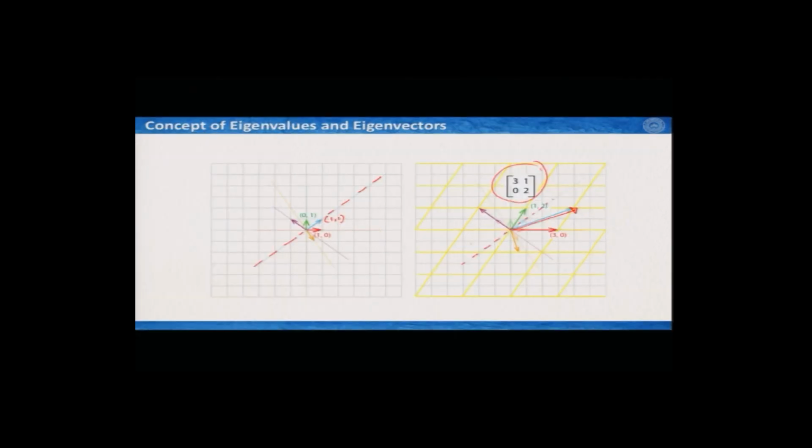We see that after deformation, because this was 1 1, if we apply this transformation matrix, it would come to here. Therefore, the span which was initially like this has now moved to this orientation, and this is how it has rotated. Similarly, if we consider this orange vector, we will see that it has also rotated after we apply the D matrix.